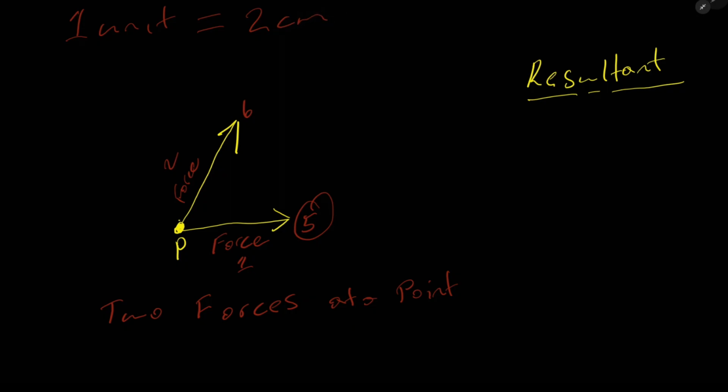Or you could say for every 1 unit, which is these 5 and 6 there, it's equal to 1 centimeter as well. You decide on the scale that you want.